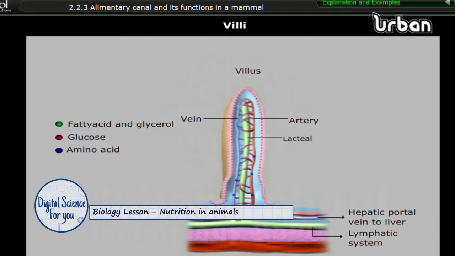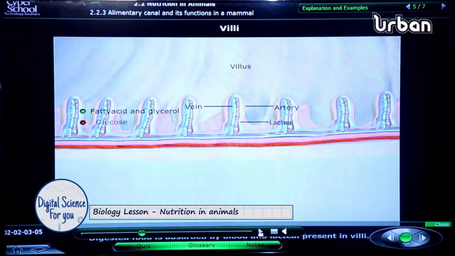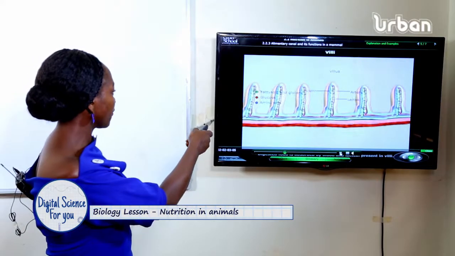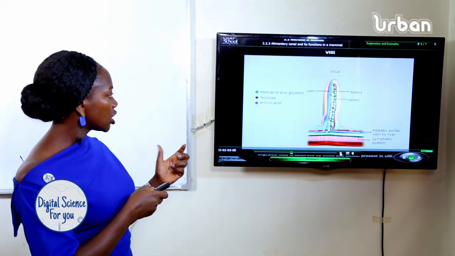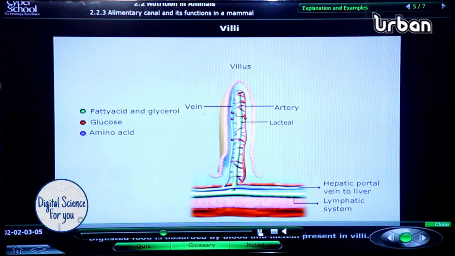And apart from that, it has certain structures inside it. You can clearly see. Let's look at them very closely. You can see that each villus has got a vein, it has got an artery, and inside it is a lacteal.